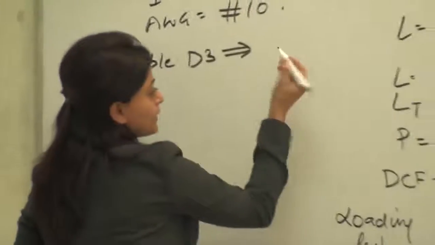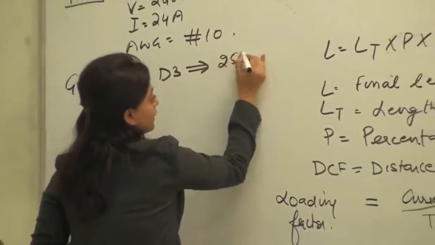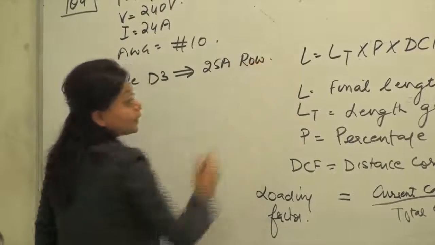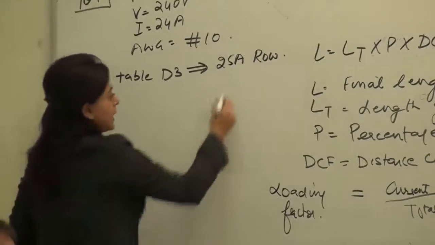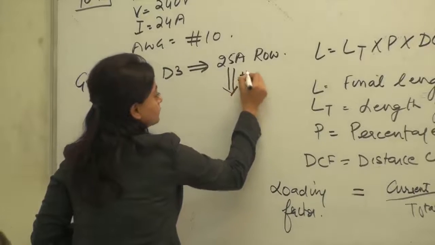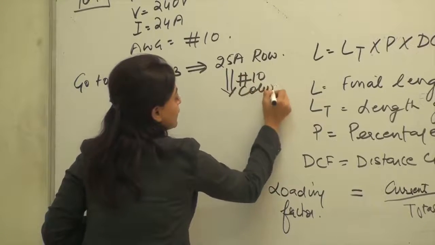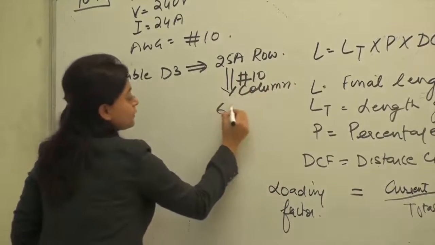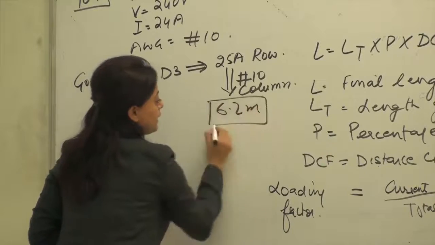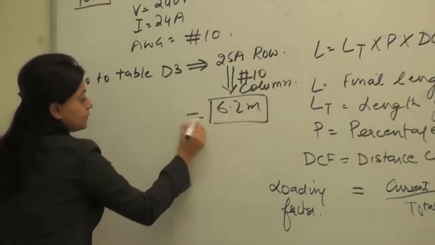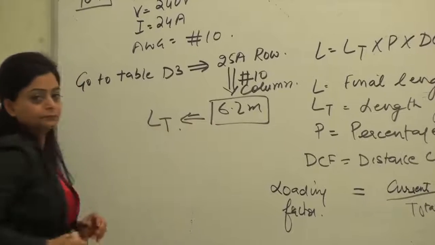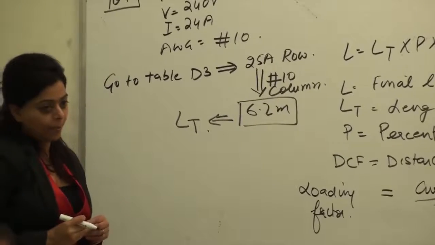So the 24 amp row does not exist. So you're going to pick up the 25 amp row, equal or bigger. And the number 10 column. What do you see as the distance? 6.2 meters. Perfect. This length, guys, becomes the length from the table called LT.